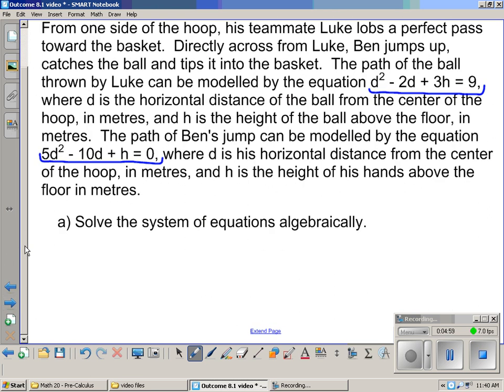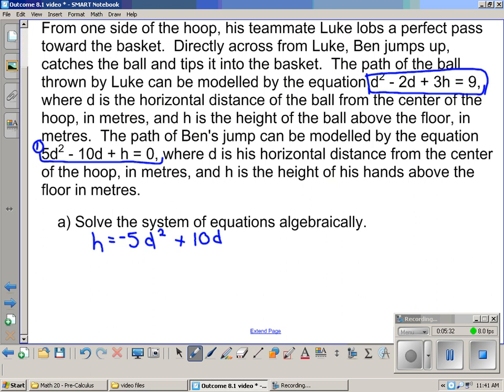So I'm going to solve by substitution, and I'm going to take this equation and rewrite it so that I have h equals. So rewriting for h equals will give me h equals negative 5d squared plus 10d. I can then substitute that in for h into equation number 2, which is this one here.